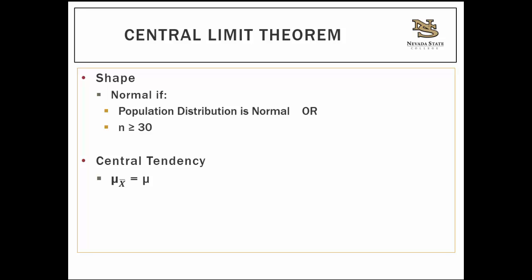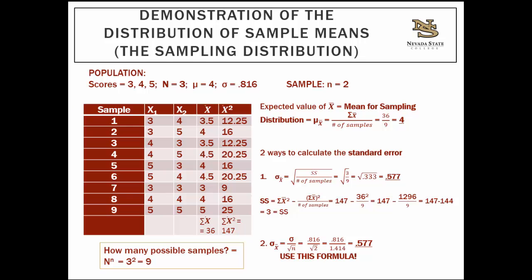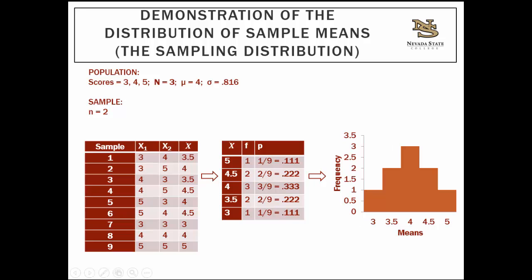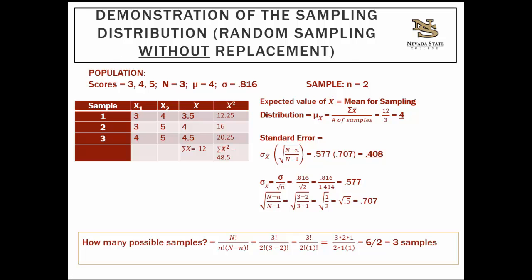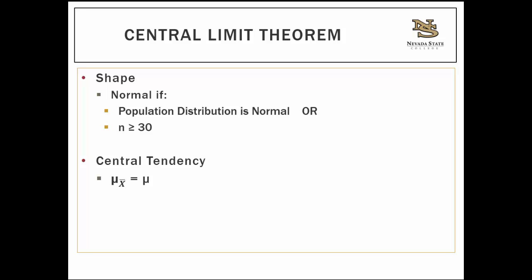And this is important because we're going to be using the unit normal table to estimate probabilities of samples. So there's no need to hand calculate probabilities after finding all the possible means, right? Again, we don't want to have to find all those possible means to hand calculate those probabilities like you see that I did here. We're going to be using the unit normal table to figure out those probabilities. And the unit normal table relies on a normal distribution.